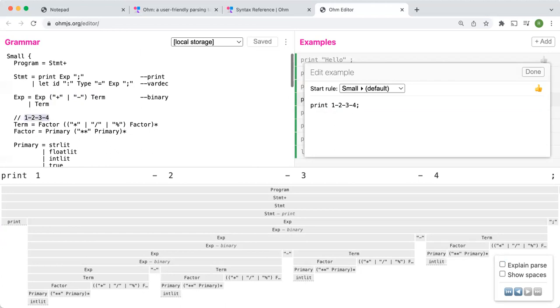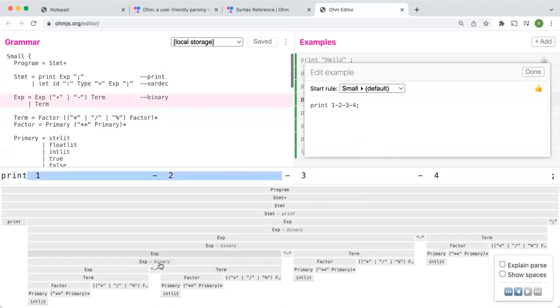This whole expression right over here is made up of first this expression minus a 4. So this whole expression has an expression here minus a term. And this whole expression is made up of an expression on the left minus a term, and so on. You can see how it works over here.